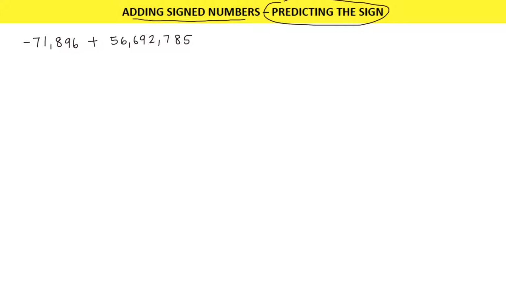If you think about the models that we used, we could draw red and green dots. So if we were drawing red dots for this, we could say we have 71,896 red dots and 56,692 blah blah blah blah green dots.